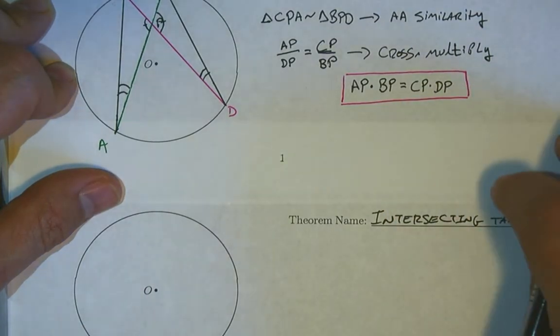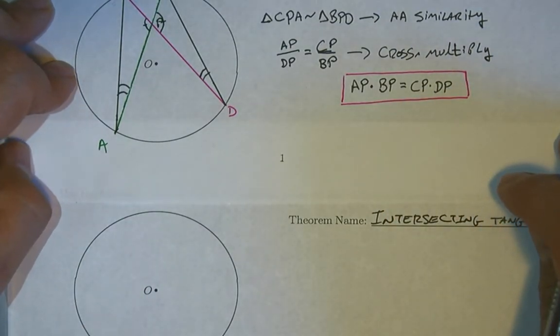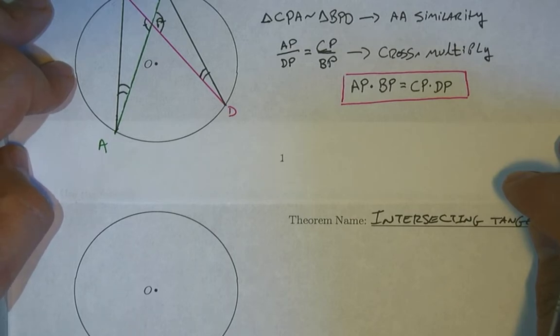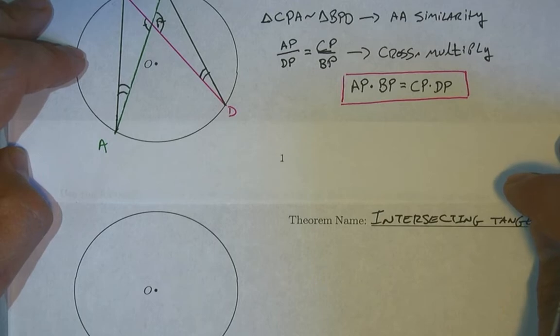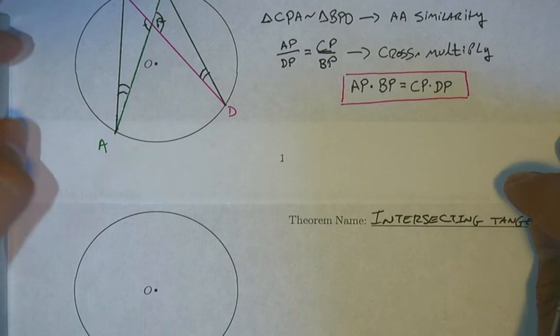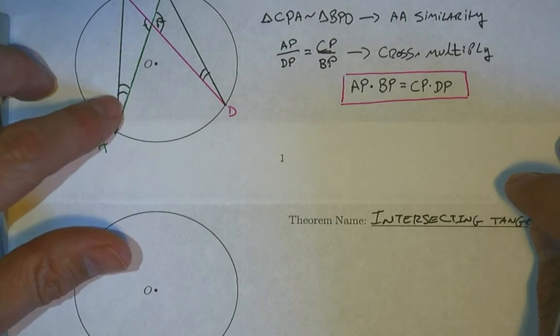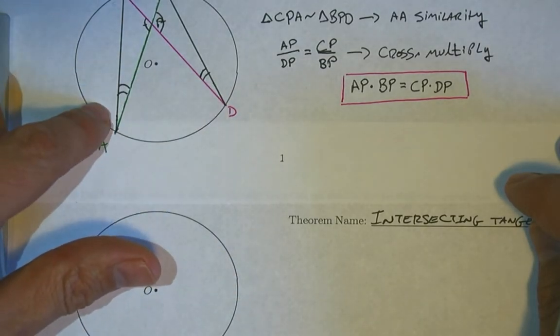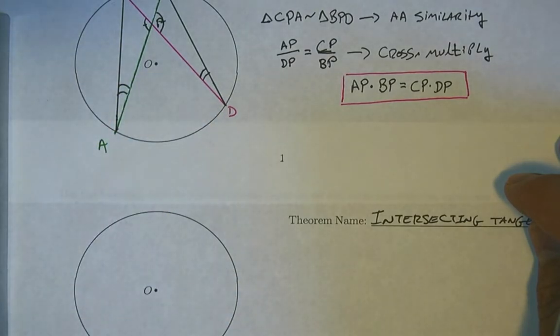The proof is very similar if we have two intersecting secants that intersect outside the circle. You're going to have to find your own triangles for those and see if you can set up your own similarity statements. I would suggest waiting until after the next section to do that proof so that you can understand more clearly why angles A and D are congruent.